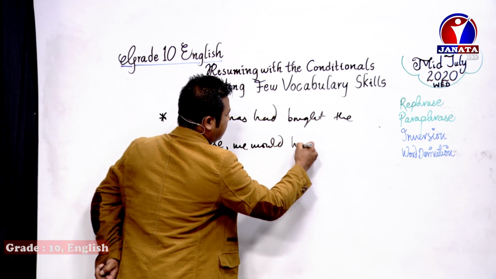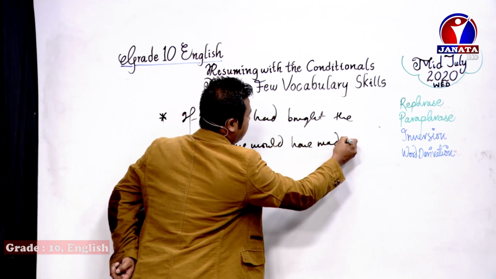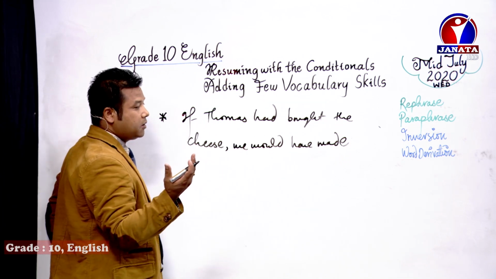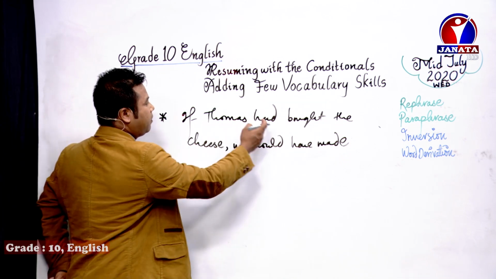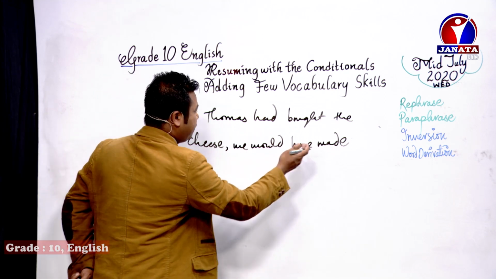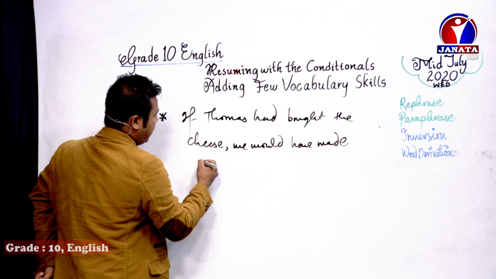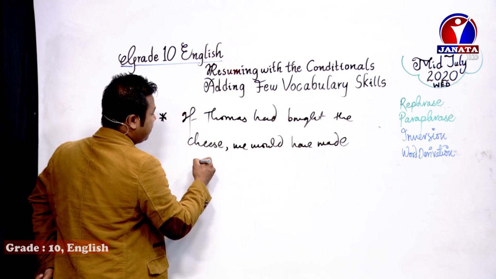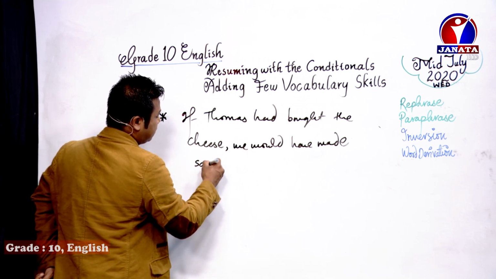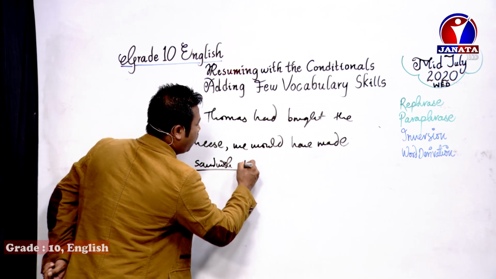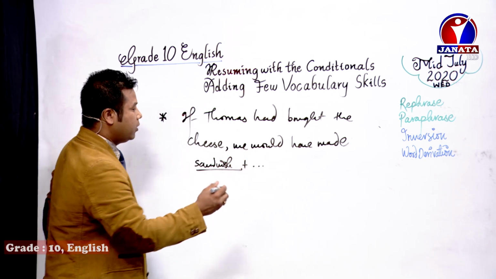we would have made, now what can you make out of cheese? There are plenty of things you can make. You just need to think of one. If Thomas had bought the cheese, we would have made, maybe with cheese you can make a sandwich, right? Or some other things, whatever you want to.